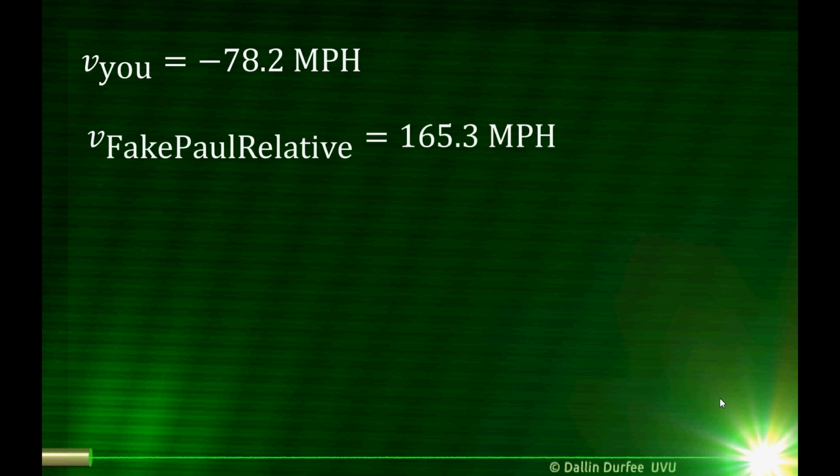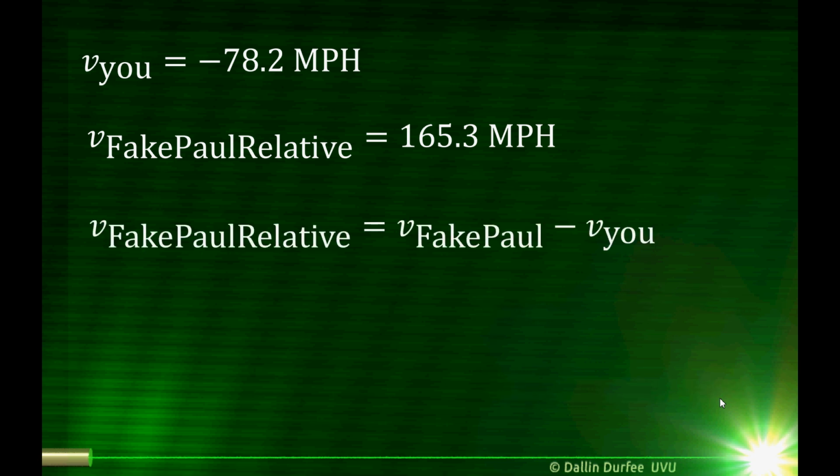All right? The velocity of the fake Paul McCartney relative to you is 165.3 miles per hour in the plus direction, going north. But the relative velocity, the velocity of fake Paul McCartney relative to you, is the velocity of the fake Paul McCartney in the Earth reference frame minus your velocity in the Earth reference frame.